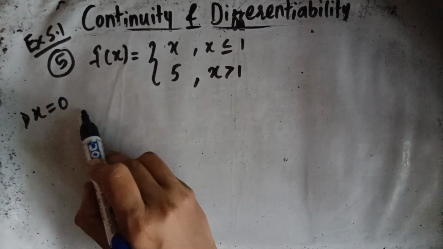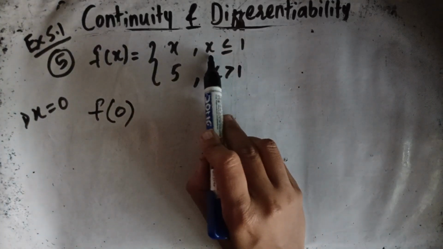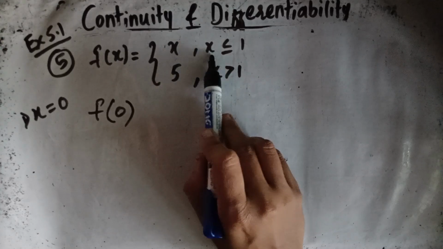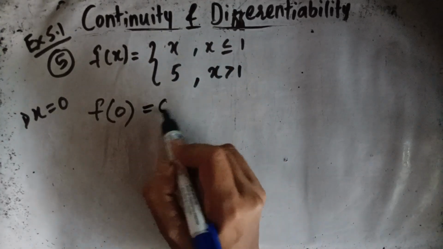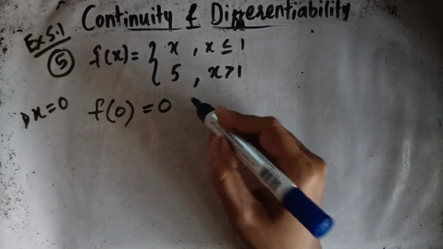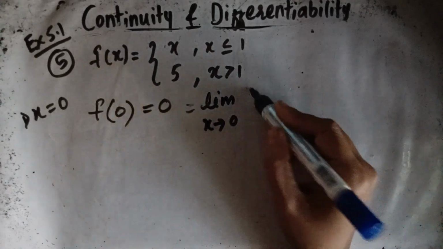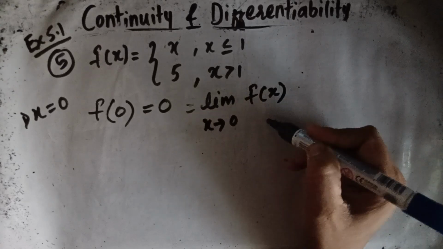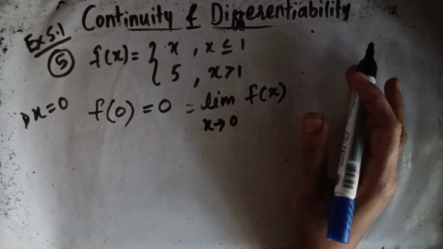For f of 0, we have to take this function, x less than or equal to 1. So f of 0 is 0. And if you take the limit as x tends to 0, you will get the same thing, that is 0. So it is continuous at x equal to 0.